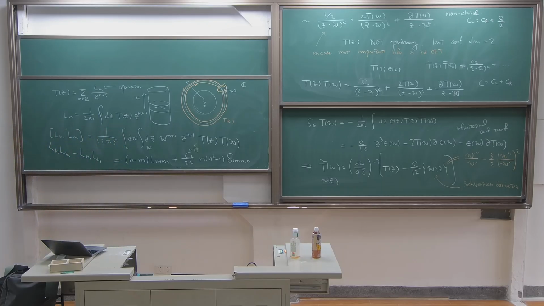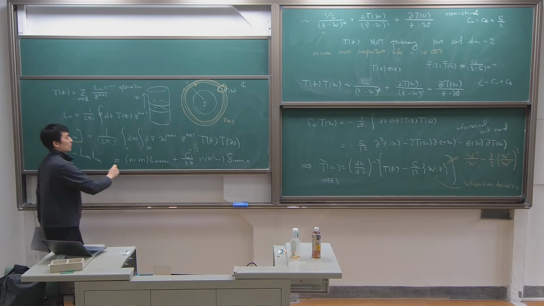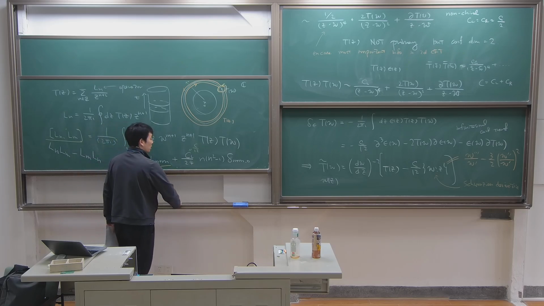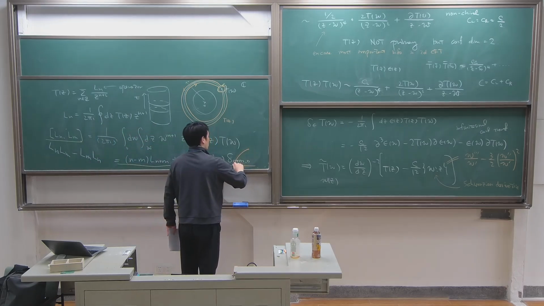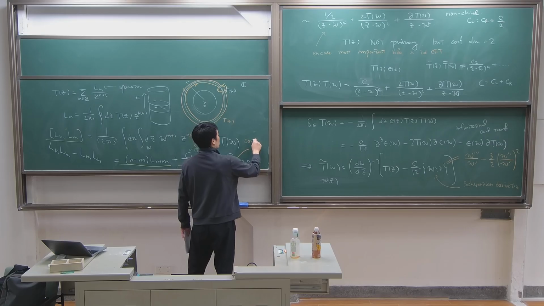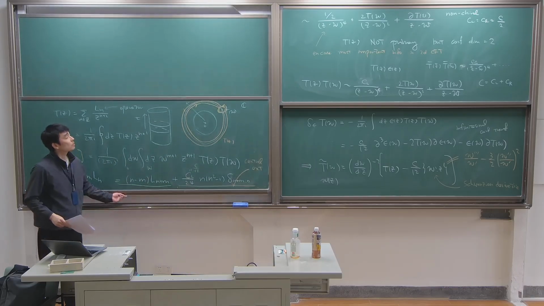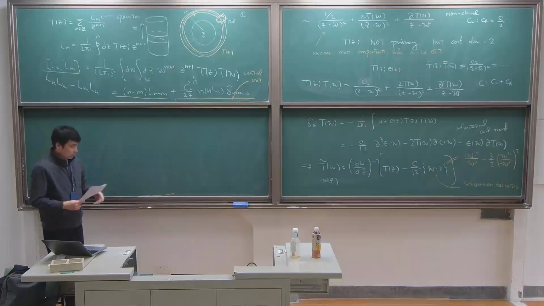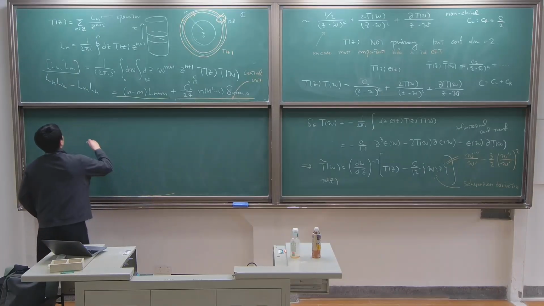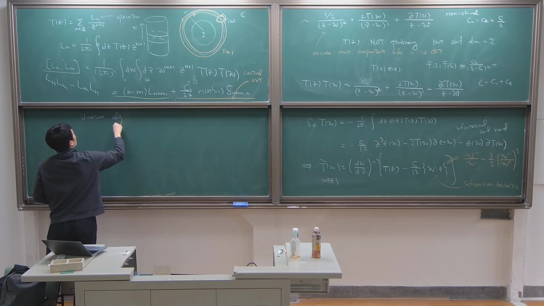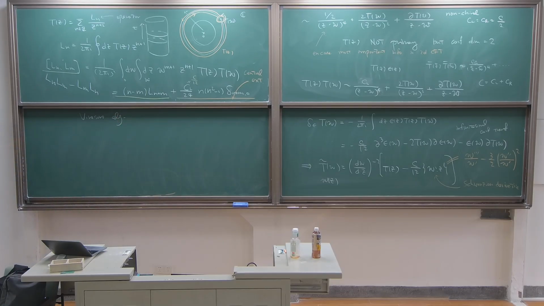So this is the central extension of the Witt algebra. The Witt algebra is only this part, but now we have a central extension. So this is called the Virasoro algebra. Any questions on it?